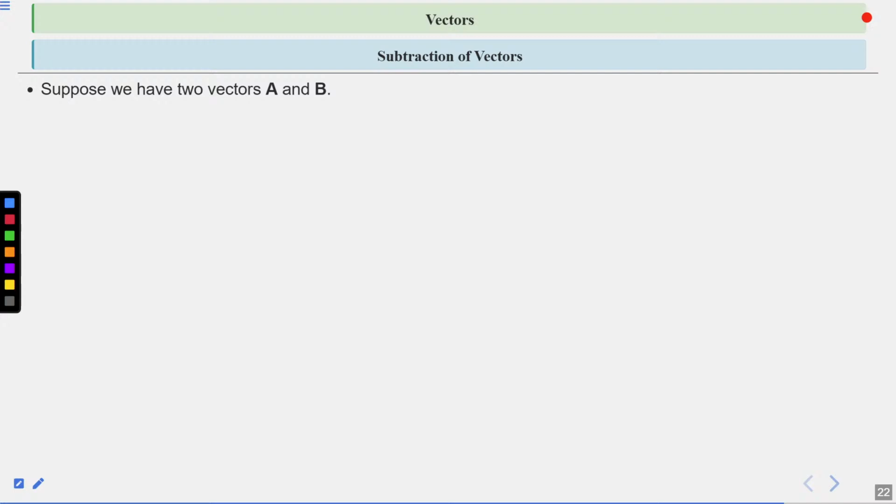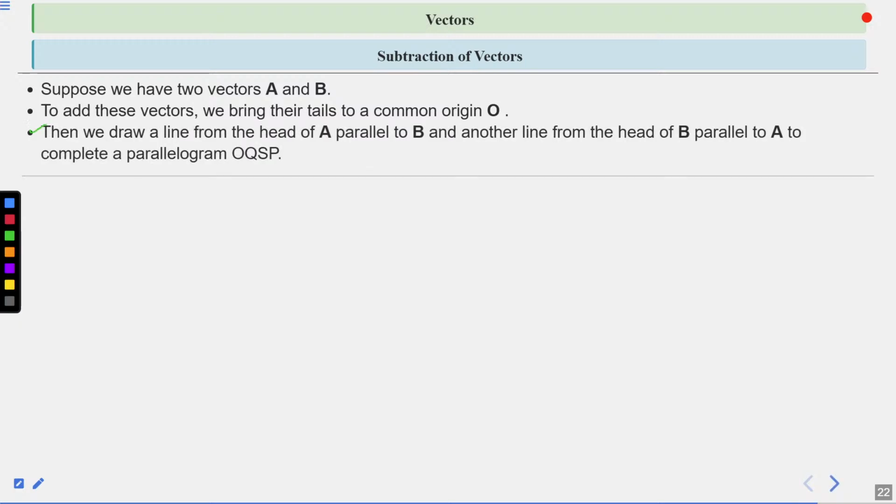To add these vectors, we bring their tails to a common origin O. Then we draw a line from the head of A parallel to B and another line from the head of B parallel to A to complete a parallelogram OQSP. So the parallelogram law of vector addition we already learned.